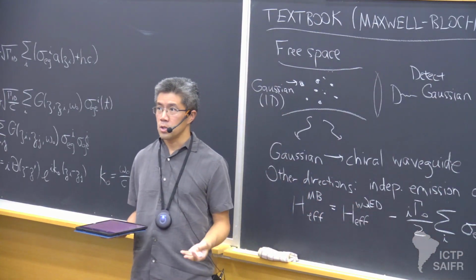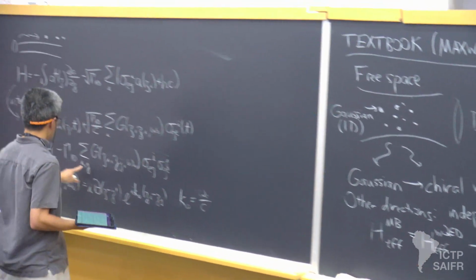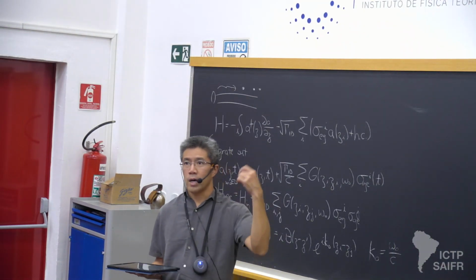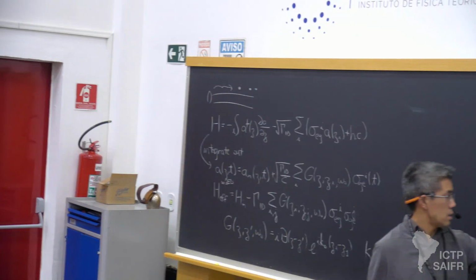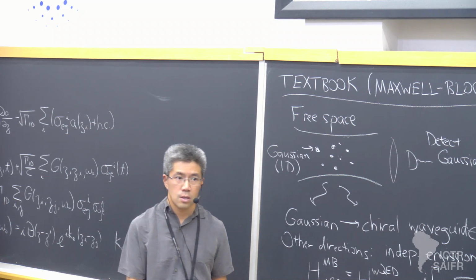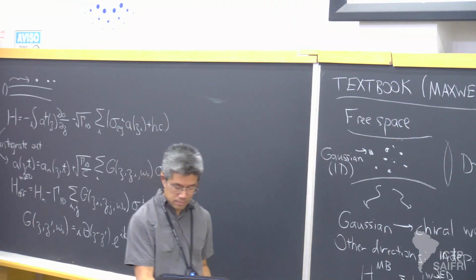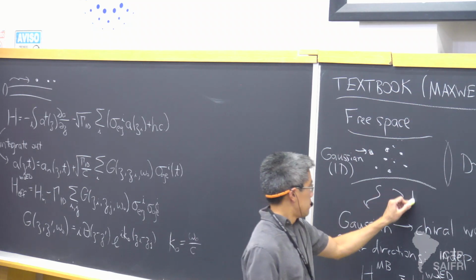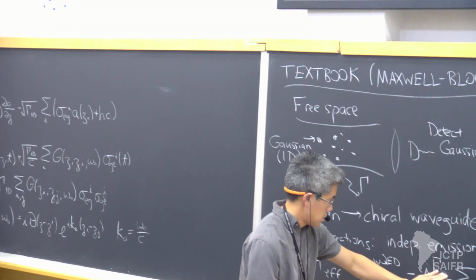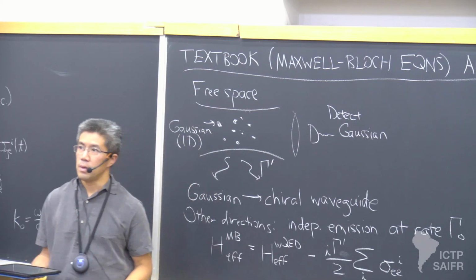It purely describes dissipation. And the fact that it's just a sum on i, rather than a sum on pairs, says that each atom effectively sees an independent bath. So if that atom is excited, it's going to emit at a fixed rate, gamma naught, irrespective of what any other atoms are doing. Okay, so that's basically the Maxwell-Bloch equations. Sorry, just to make my notation consistent, I'll call this kind of bad emission gamma prime. Okay.